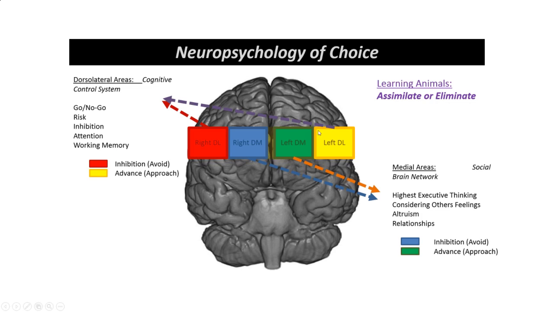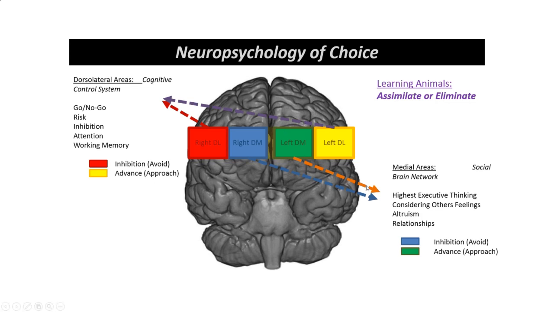And they pass information across and they talk to each other, and they need to do this because the right side, the red side here, is responsible for processing negative things that could be dangerous, things we should avoid, inhibition processes, whereas the left side, the yellow, is responsible for processing more positive, euphoric types of things we should approach and embrace and assimilate in our lives. They talk to each other, and then they help us make decisions about risky behavior and what we should or should not do.